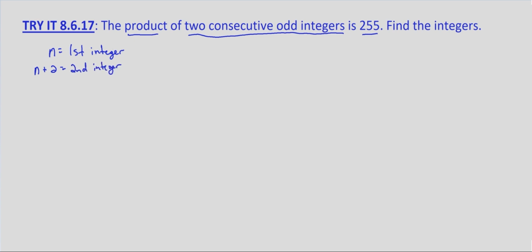And you could just as well assign n minus 2 to equal the first integer and then n to be the second integer. Either one of those would work because we're just looking at if one integer is odd, 2 away from it is also odd.